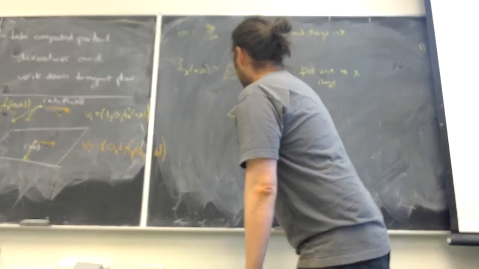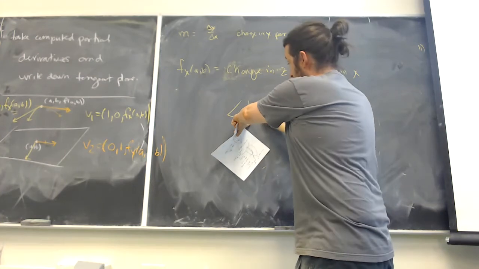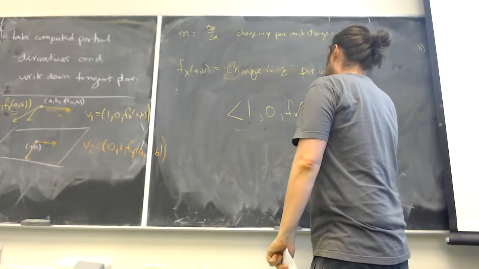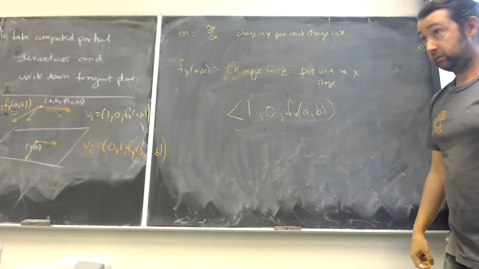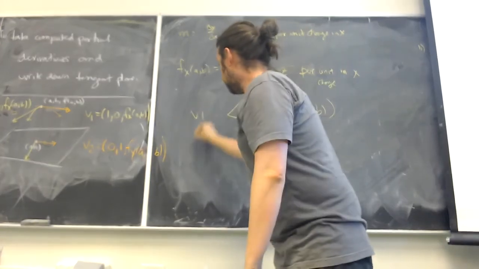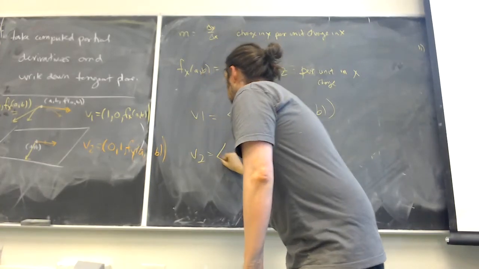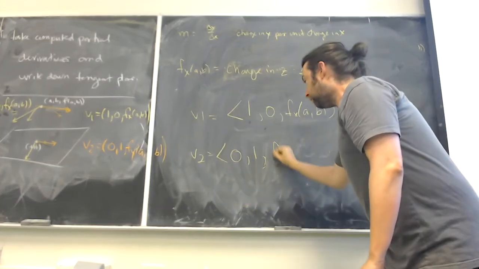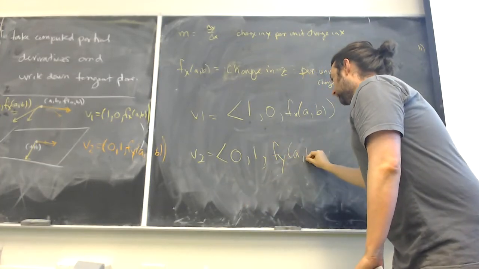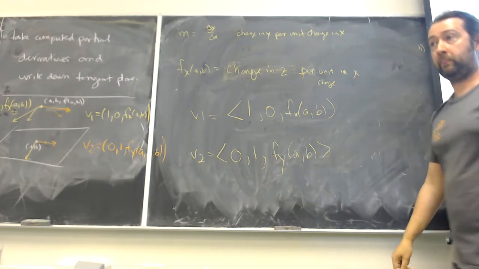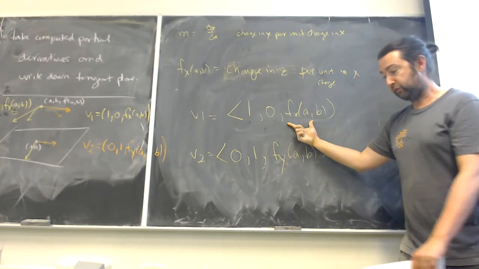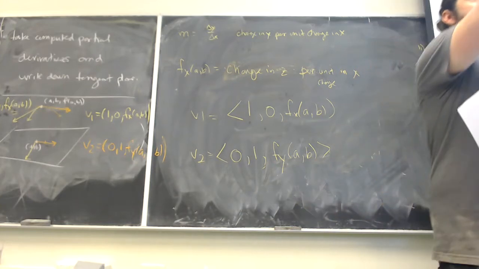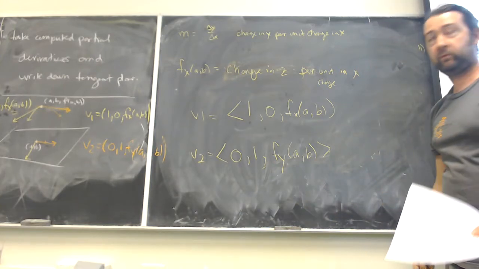And that means for every unit change in x and no change in y, go that far in the z direction. v2 says for every no change in x and unit change in y, go this far in the z direction. So this is measuring how you move if you restrict yourself to going in the x direction, and this is measuring how you move if you restrict yourself to traveling in the y direction.